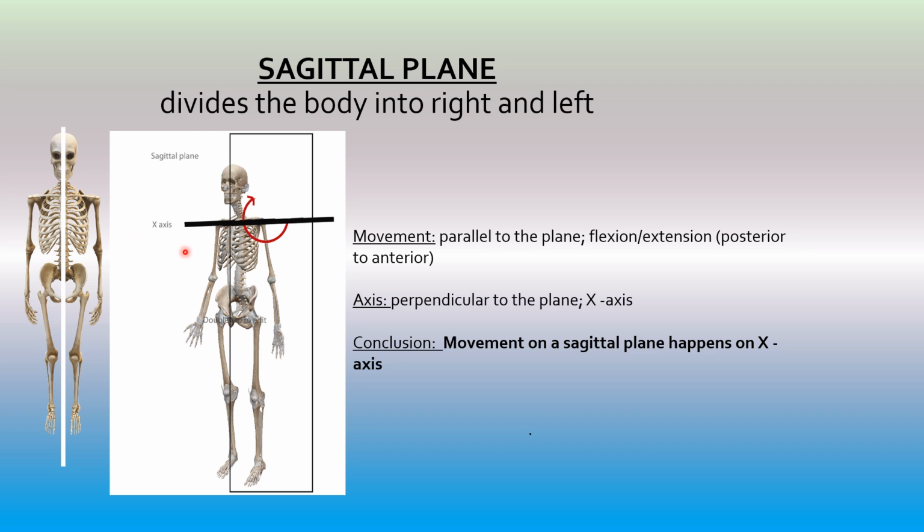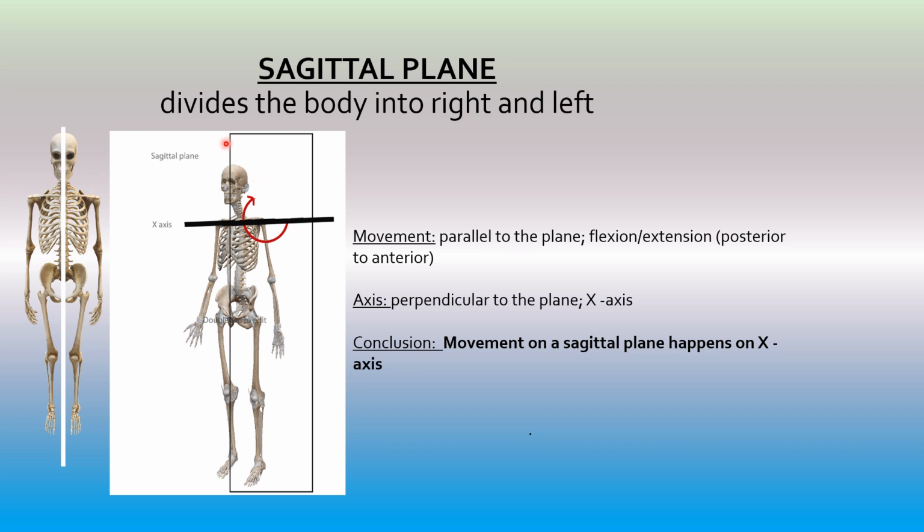The x-axis moves medial-laterally or horizontally, thus creating a horizontal hinge. The plane of motion that's associated with the x-axis is the sagittal plane. The sagittal plane is a flat surface that divides the body into our right and left side.